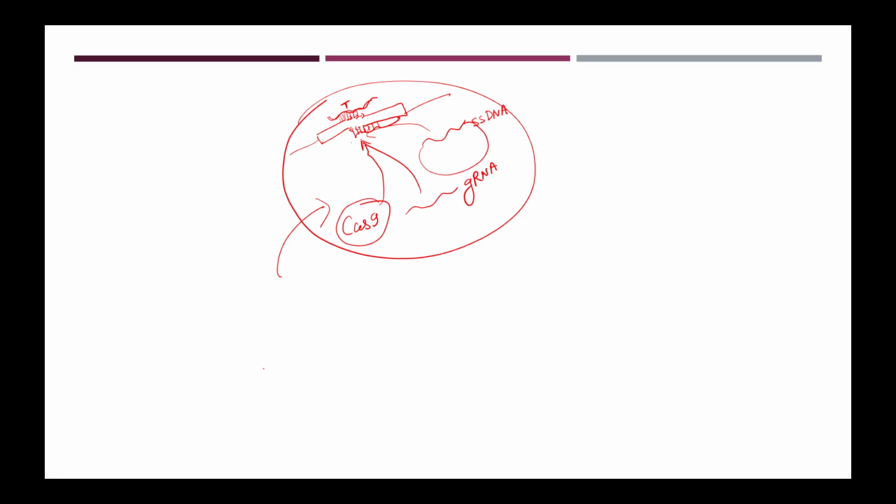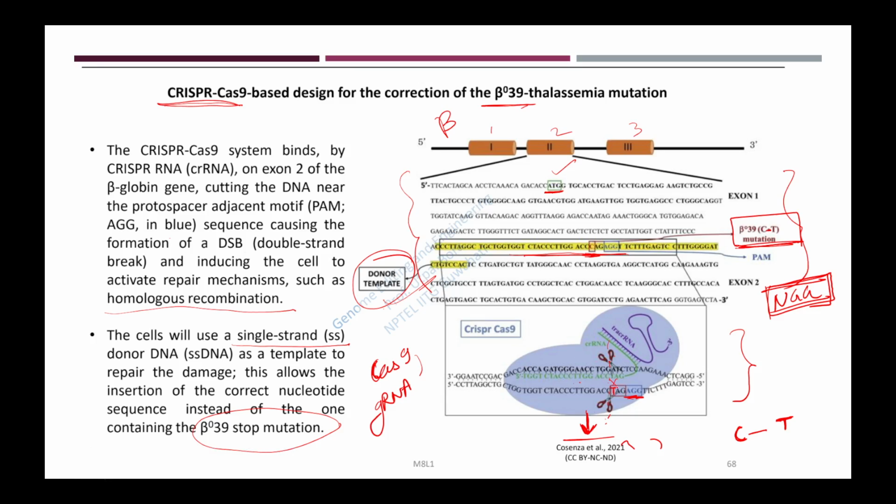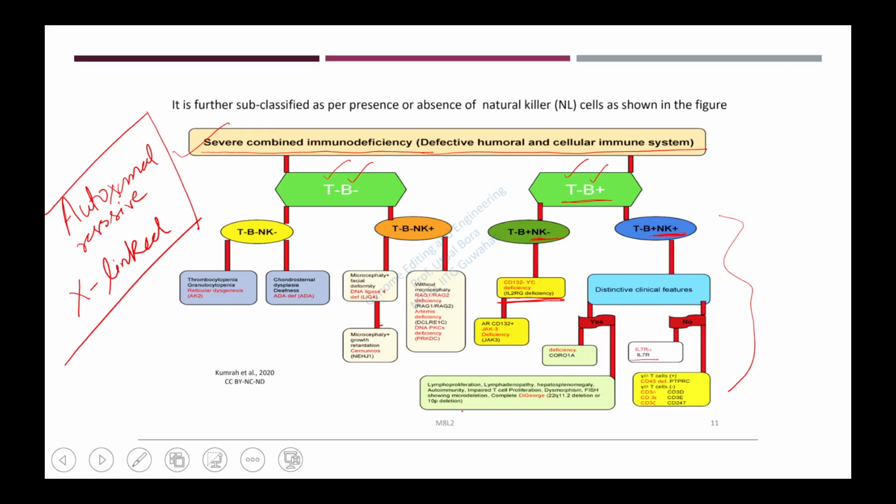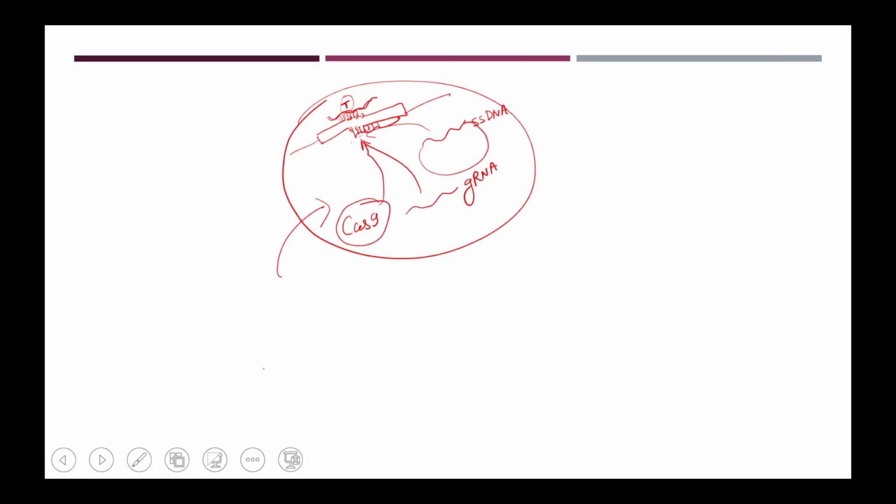Or the correct nucleotide will be added. Because you have made a cut at the locus that is near the faulty gene, and then you are providing a template that has the correct nucleotide. So the repair machinery will be active.